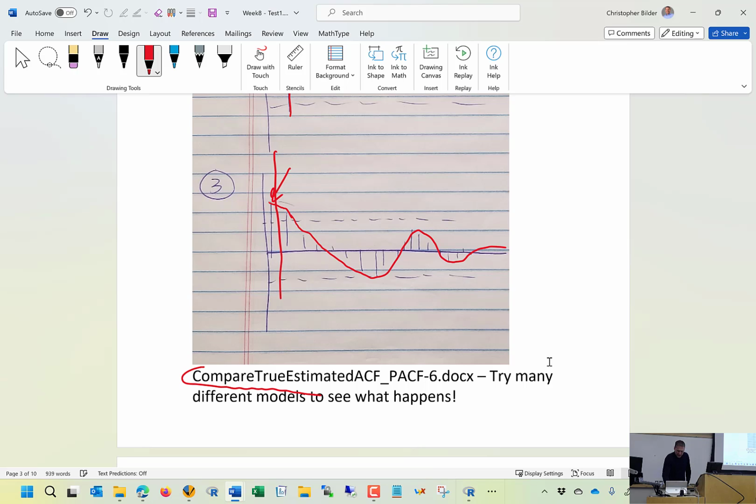Now, if you have not already, in subsection 6 of my notes, there was a program called ARMA Sample that's set up for you to try a bunch of different possible models. My purpose was for you to try different values of phi1, phi2, phi3, however many phis you have.